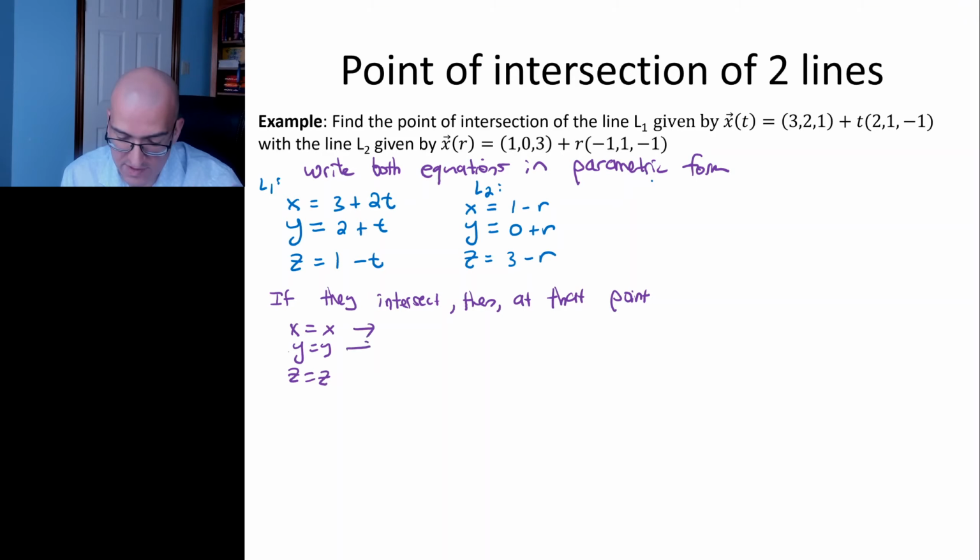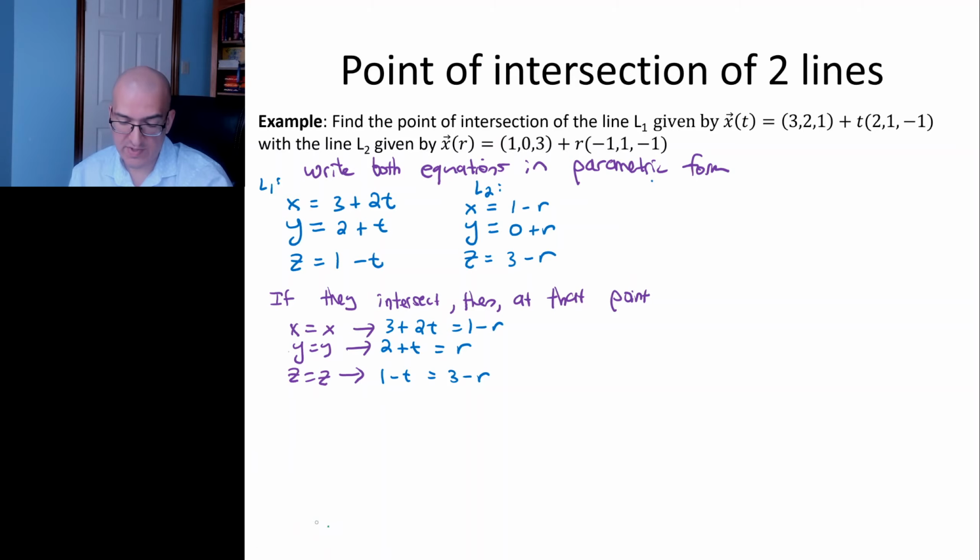So the x equation says that 3 plus 2t is equal to 1 minus r. The second equation says that 2 plus t is equal to r. And the z equation says that 1 minus t is equal to 3 minus r. This is called a system of equations. It has 3 equations and 2 unknowns.